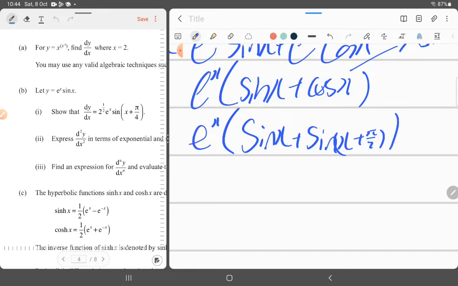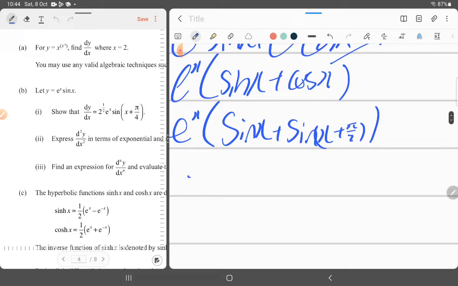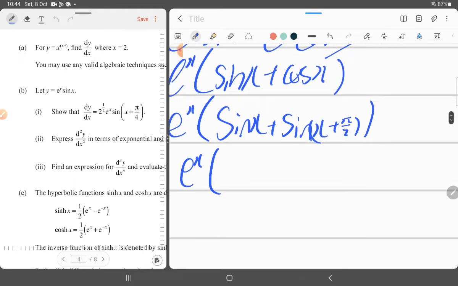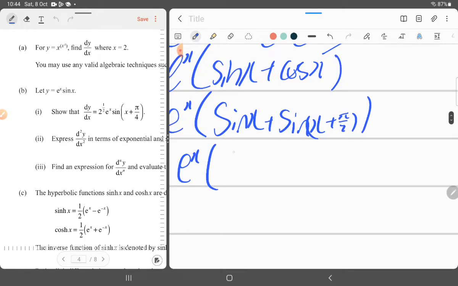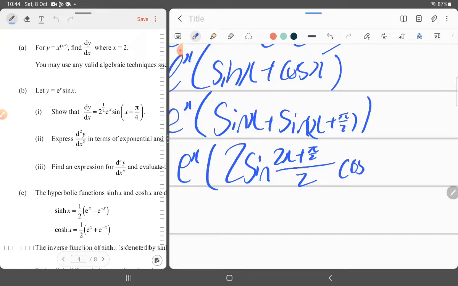Then from the sheet, this can be rewritten as e to the power of x times 2 sine of x plus pi over 4 times cosine pi over 4.